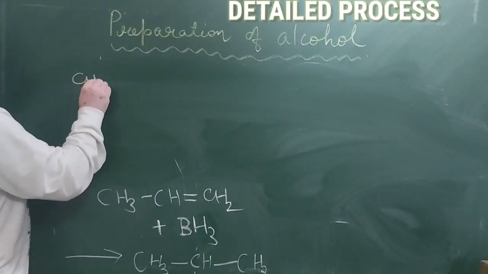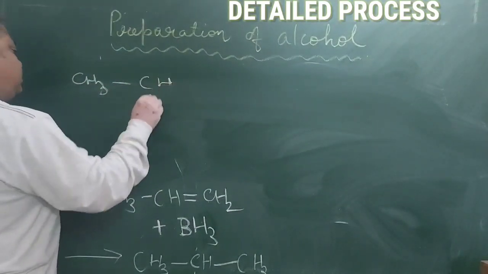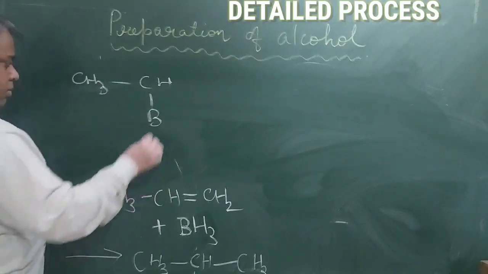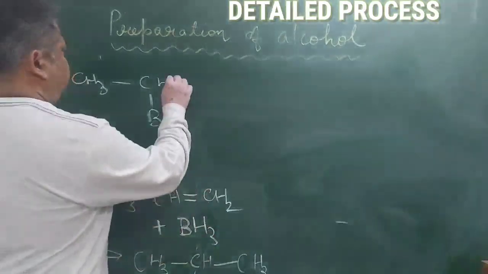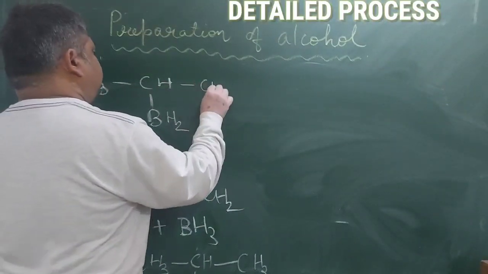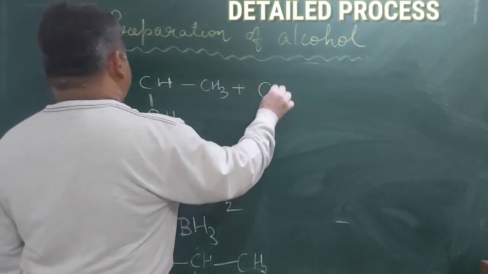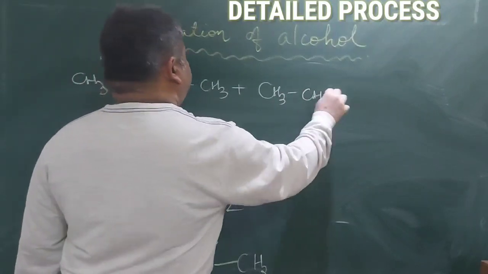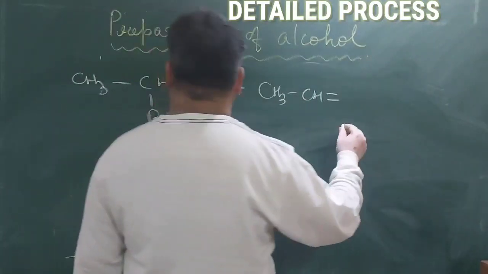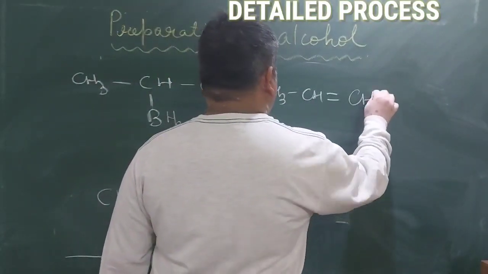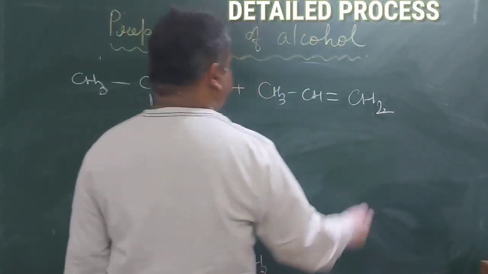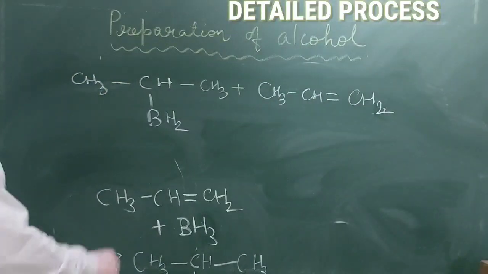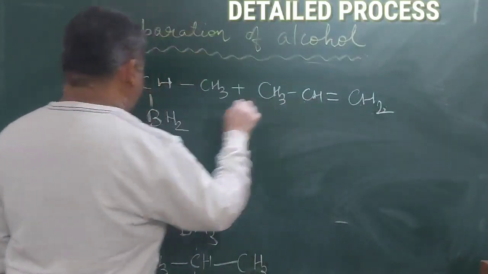Again CH3 CH BH2 CH3 will react with another CH3 CH double bond CH2. So one more hydrogen will go here and this carbon will attach here.